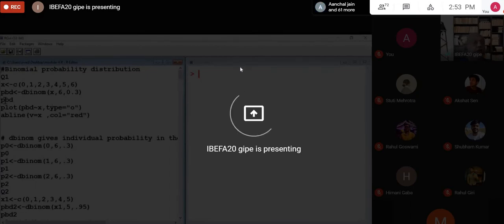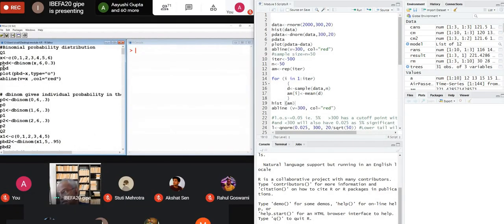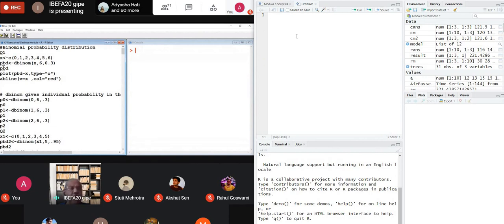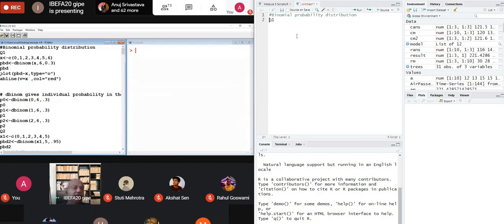Question number 1. 6 customers, and the number of customers preferring coffee in a sample of 6. Either nobody, 1, 2, 3, 4, 5, 6 is possible.